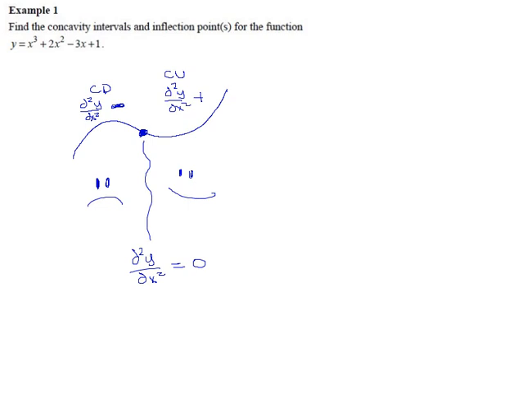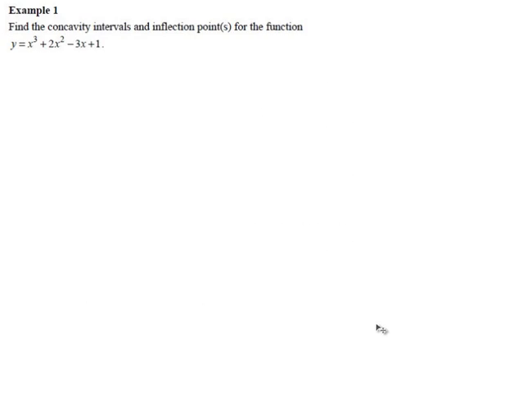So let's see if we can do it with this function. They give us a polynomial to start because their derivatives are a piece of cake. That was nice of them. So our first derivative is 3x squared plus 4x minus 3. We're not doing anything with that because they didn't ask about increase or decrease or extrema.